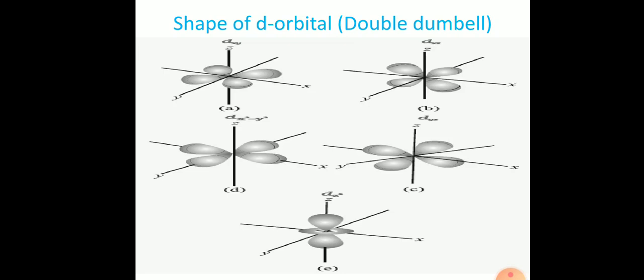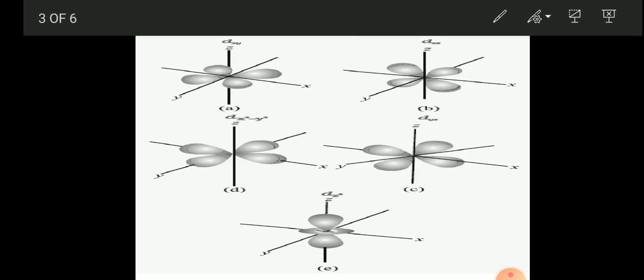Okay, you can see that in case of dxy the dumbbell shape will be in between the axes x and y. In case of dxz, the two dumbbells will be in between the two axes. In case of dx square minus y square, we'll have the double dumbbell along the axes only, along x-axis and along y-axis.